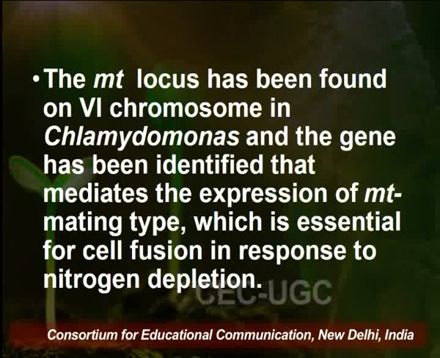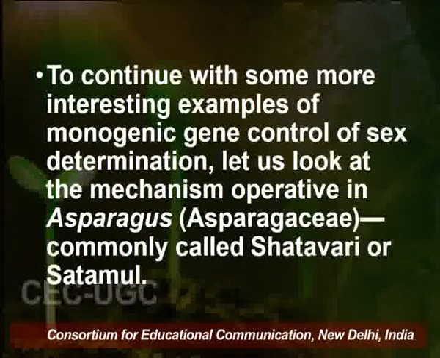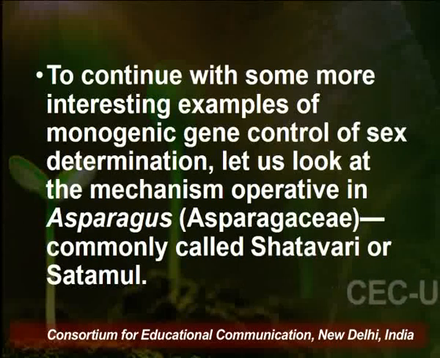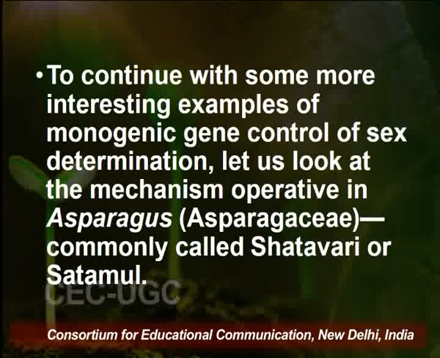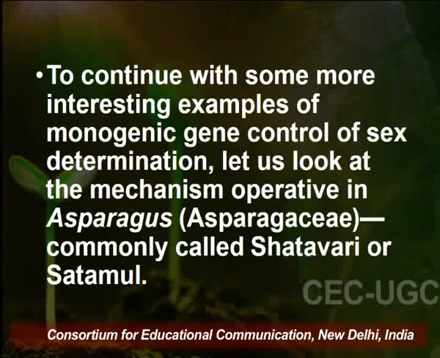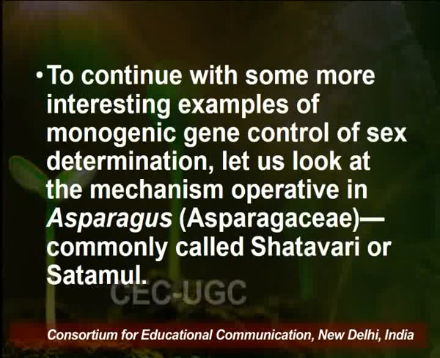So that means somewhere or the other the environmental sex determination control was also there. So to continue with the same discussion, let us see some of the very important examples of monogenic control of sex determination, and let us see how sex determination operates in asparagus.